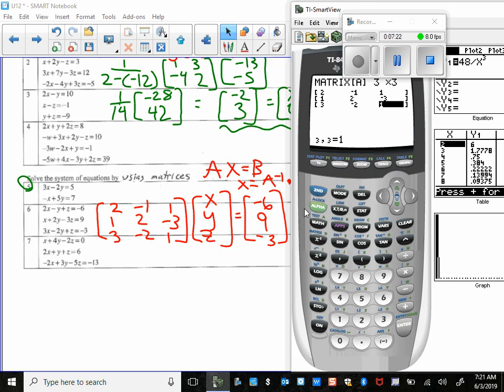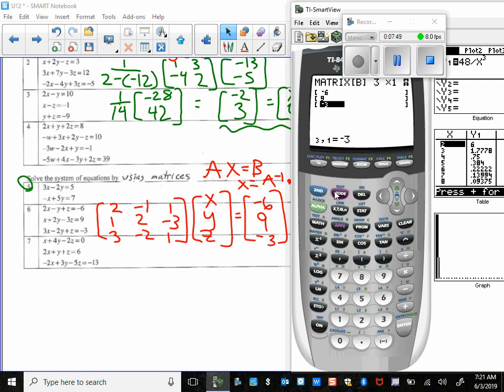And then I'm going to go back to my matrix, and I'm going to edit now matrix B. So matrix B was my 3 by 1. So I have negative 6, 9, and then negative 3.